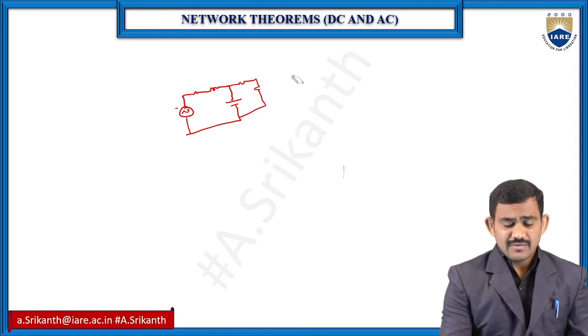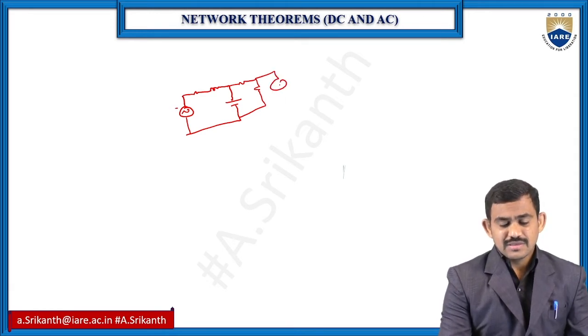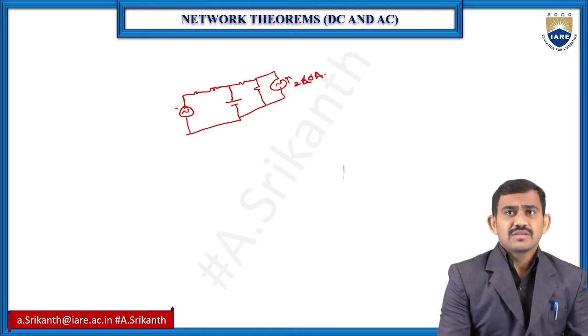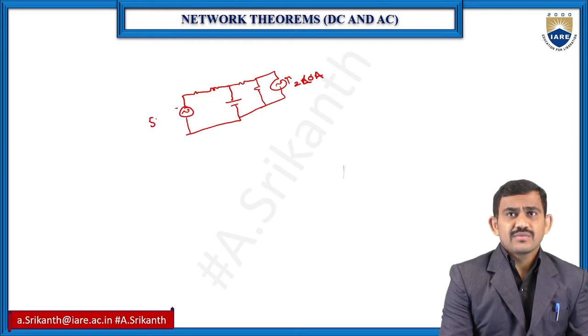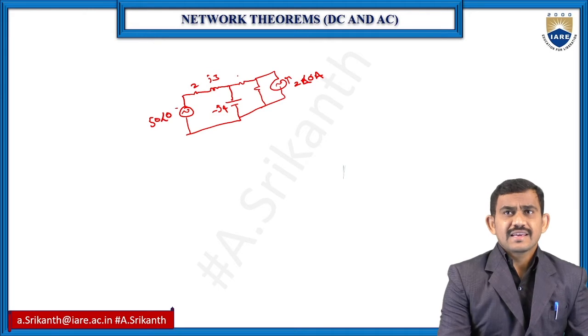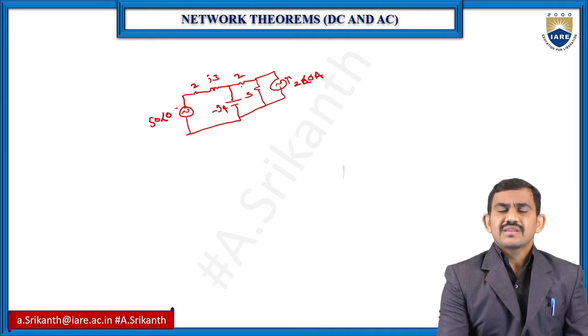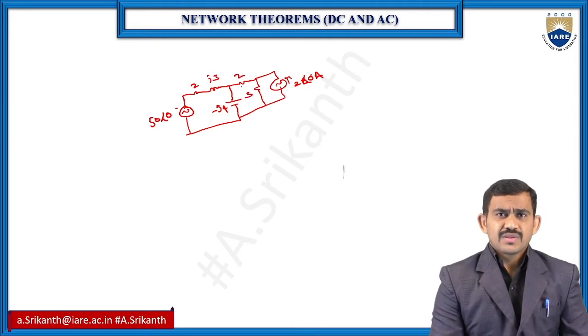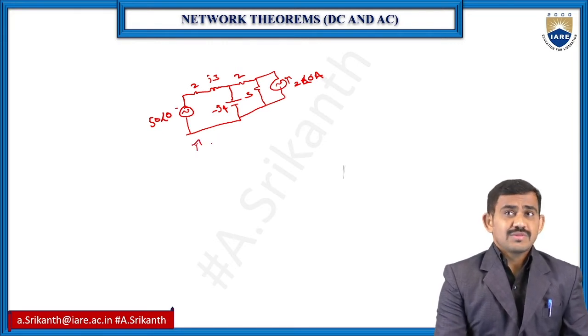Here I have a current source of 2 amps at angle 0, a voltage source of 50 volts at angle 0, and R of 2 ohms, j3 and minus j4, and here we have 3 different values. For this particular circuit we will find the superposition theorem at a particular response.